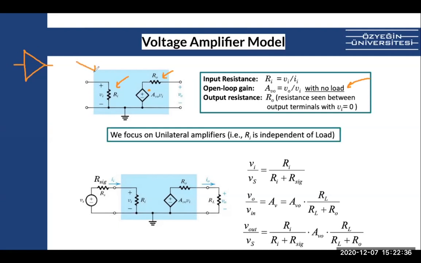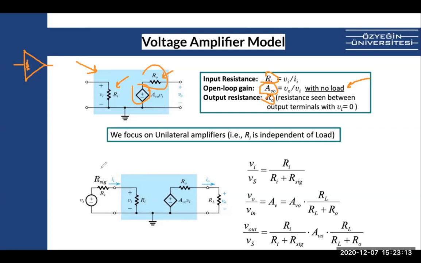We were only saying, hey, it has an R in, it has this, and it has that. Now we will start to get inside the op-amp, and we will start to see what these different amplifier configurations actually are. But it's important to know how we find input resistance, output resistance, and open loop gain.